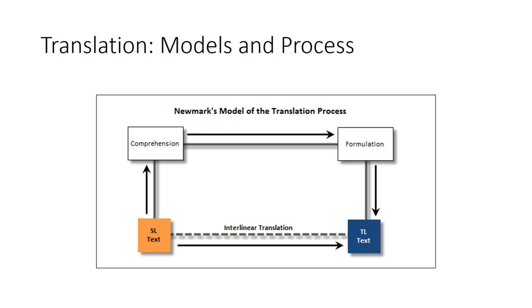The dotted line where it says interlinear translation here, interlinear translation is word-for-word translation. So that's another option, but he's trying to illustrate that a word-for-word translation doesn't involve the steps of first breaking down the text, comprehending the text, analyzing the text, and then the hard work of formulating or reformulating that meaning in the target language with appropriate target language structures.